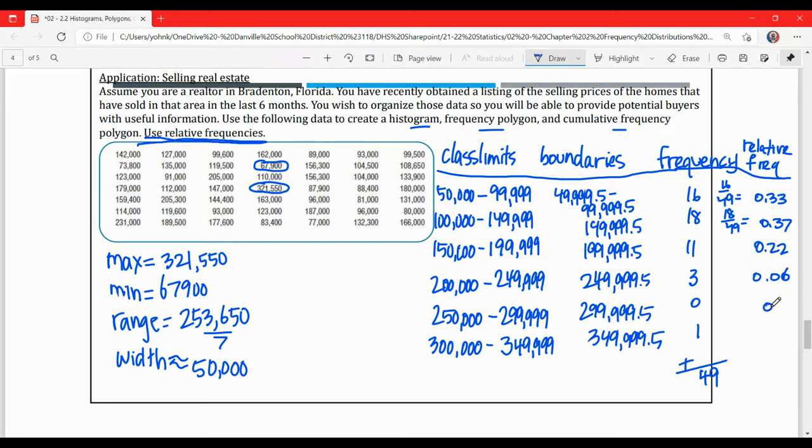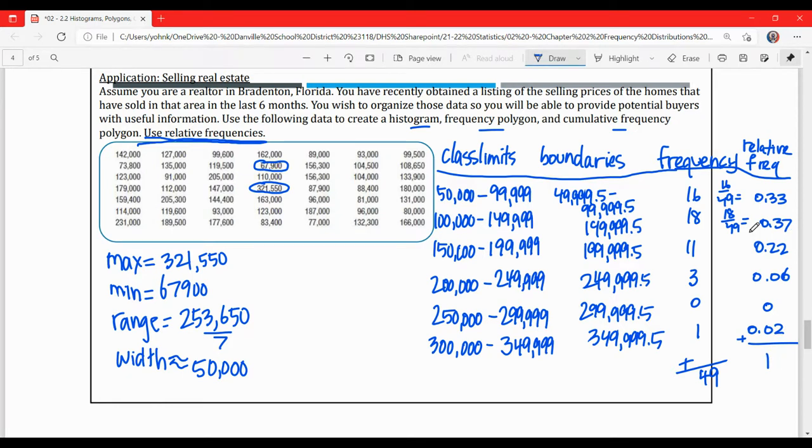Obviously, 0 goes with 0. And then 1 goes with 0.02. Remember, the total of all these should be somewhere around 1. So 33 and 37 is 70, 92, 98, 1. So we're good.